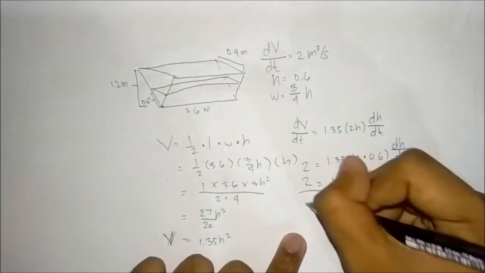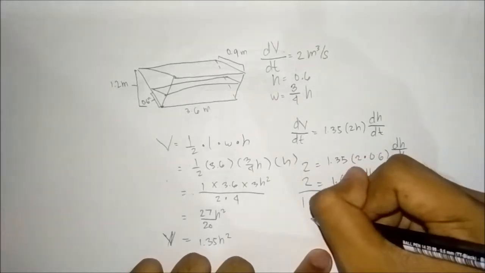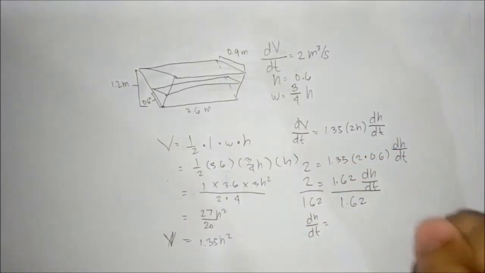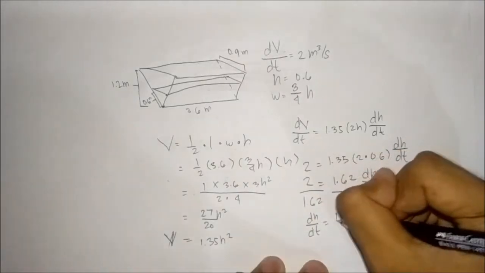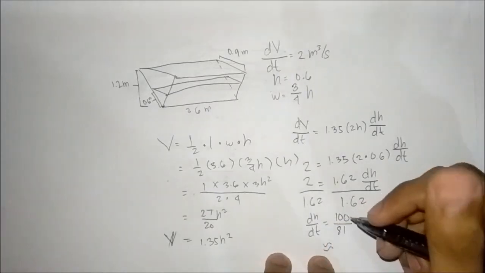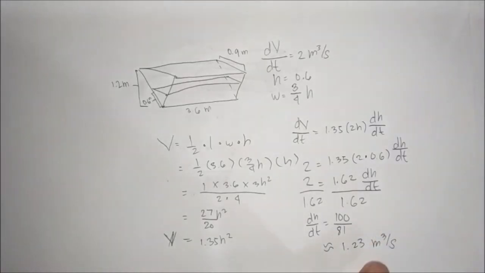And then you divide, and you get dh over dt is equal to 100 over 81, which, if you approximate it, is going to become 1.23 meters per second.